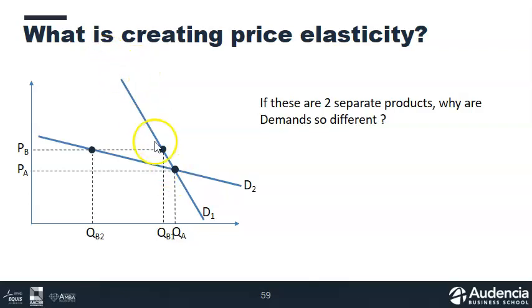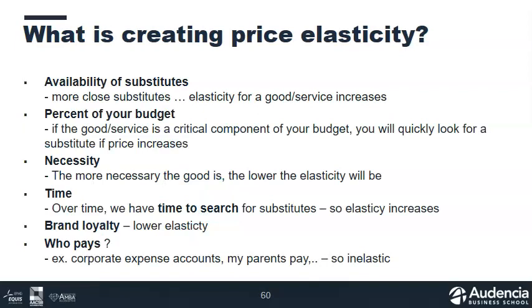Maybe people that are older with a very stable income, their demand is more inelastic. But it could also be the product. Some products are more inelastically demanded than others. For example, if we require a certain good or we're addicted to a certain good, the demand will be more inelastic. So a lot of things determine the level of elasticity.